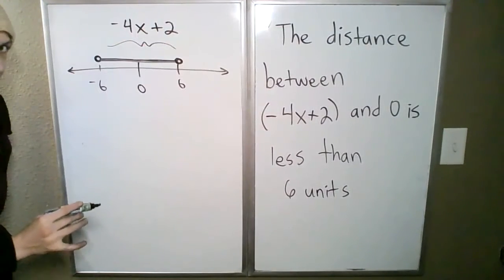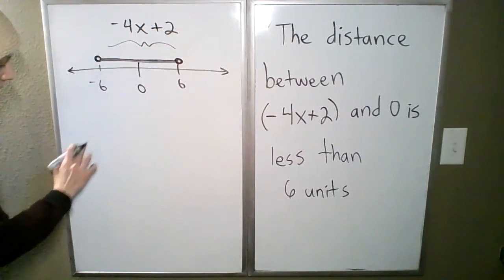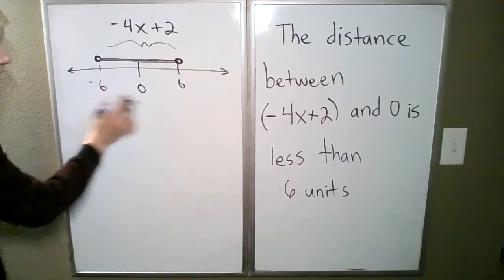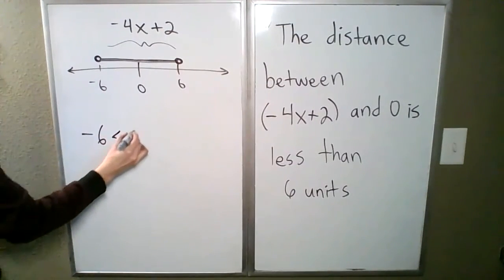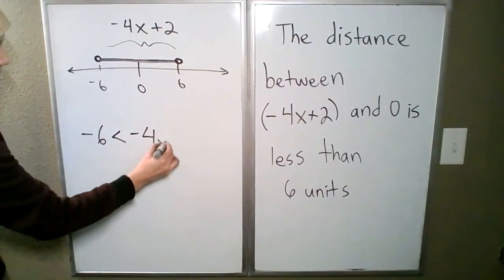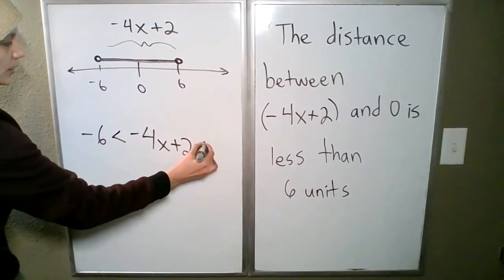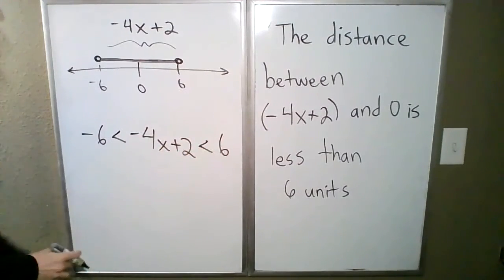So the way we'll set this up is to take this and put it between negative 6 and 6. So negative 6 is less than negative 4x plus 2, which needs to be less than positive 6.